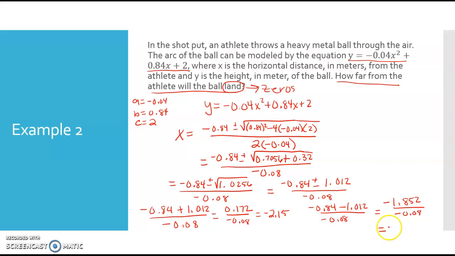And when I do that division, we end up with 23.15 meters. Now, we're doing a real life situation and we're wanting distance, and distance can never be negative. So that automatically takes out this negative 2.15 as an answer. And our answer is 23.15 meters.